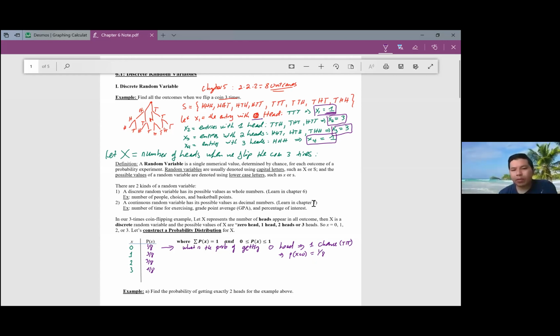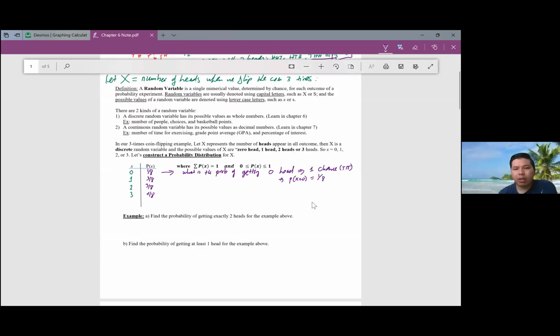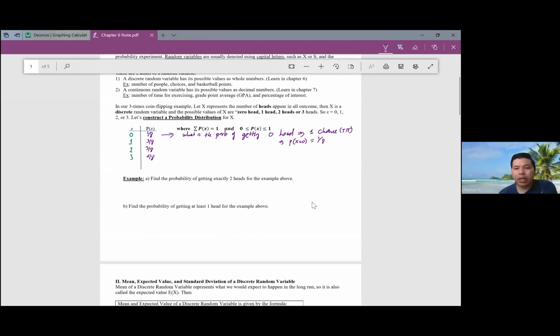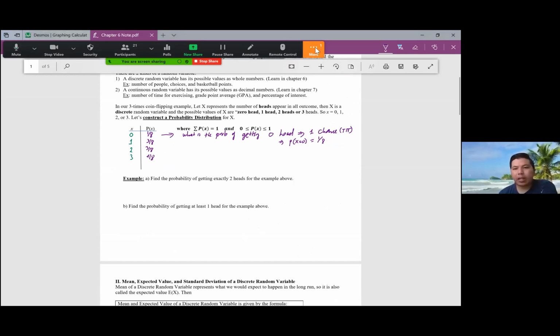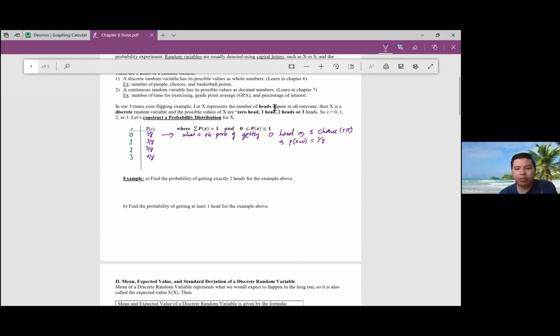All right, next. So now, based on the table, we can easily answer all of the questions below, right? So find the probability of getting exactly 2 head, right? Oh, there's no formula, Vanessa.